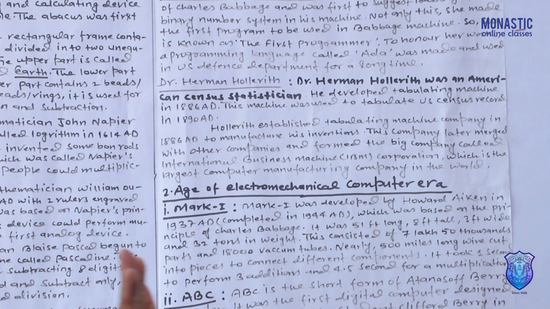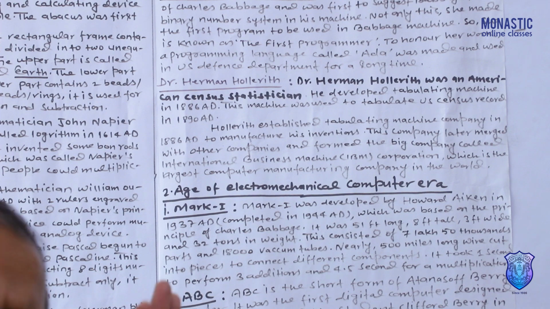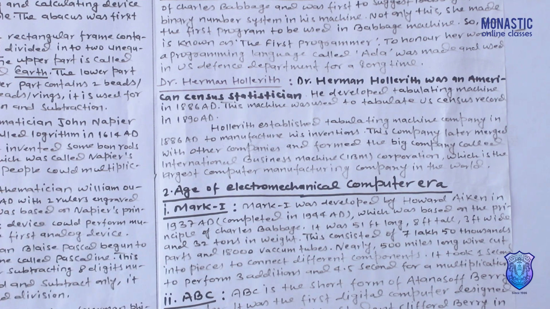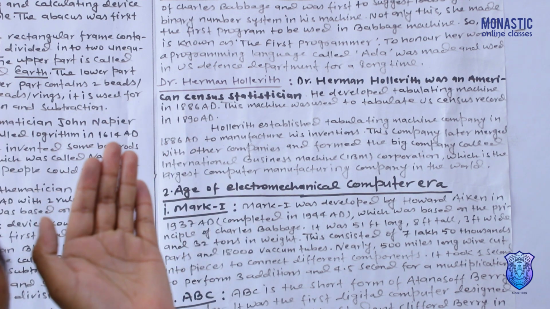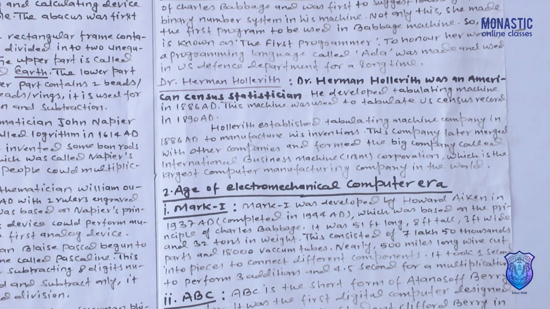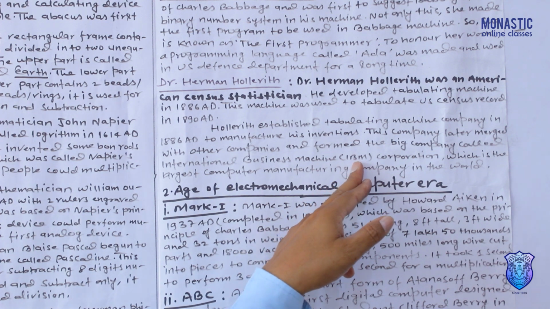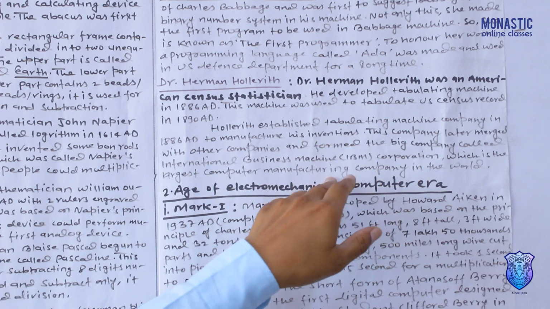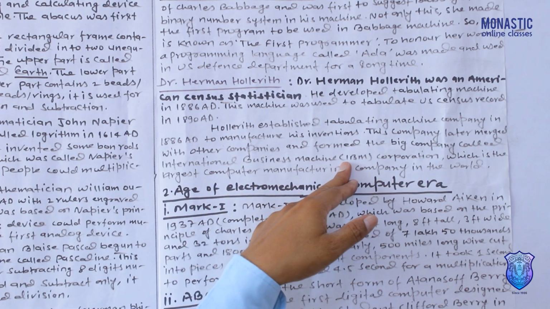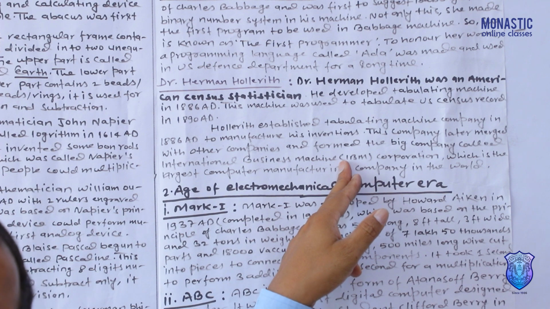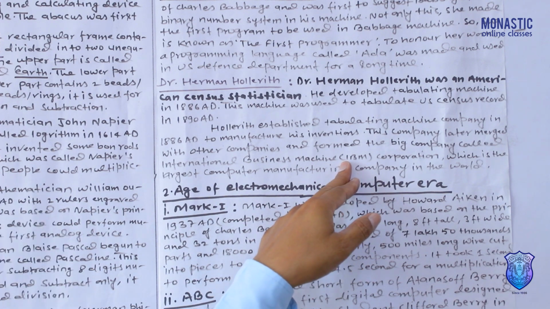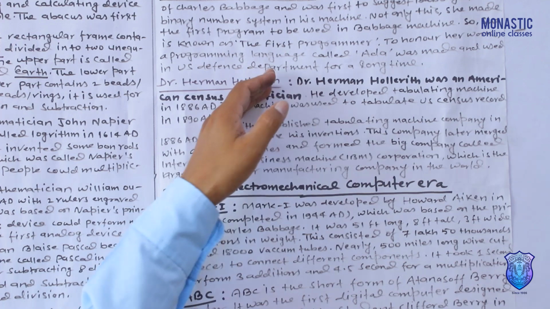Later he developed many companies in different areas. After that, he merged all the small companies and founded one big company called International Business Machines (IBM), which is the largest computer manufacturing industry in the world. IBM Corporation was established in 1923. Okay. Now move to another era.